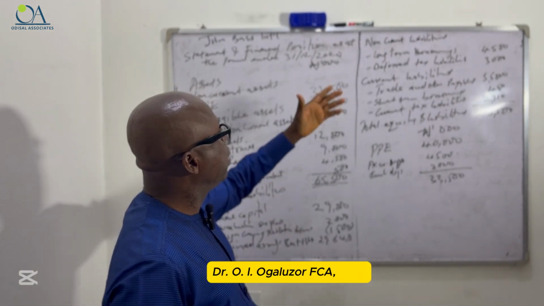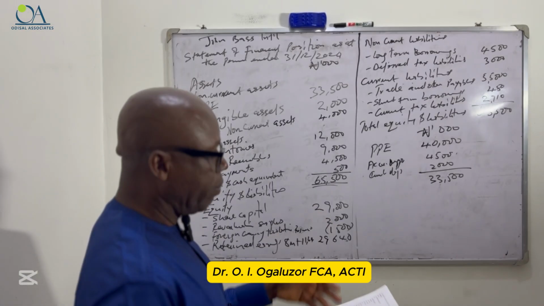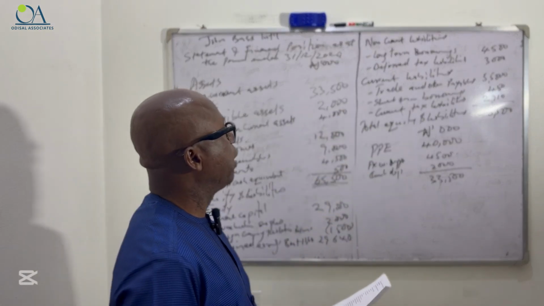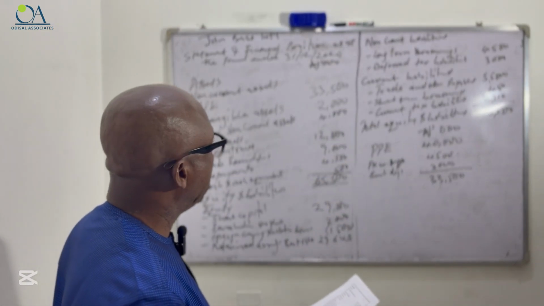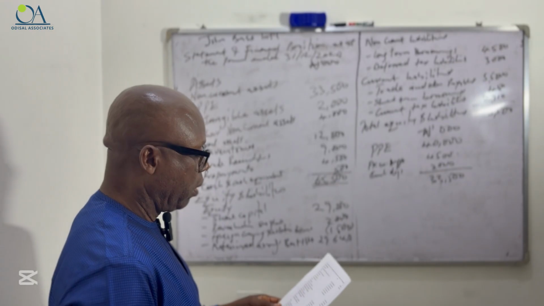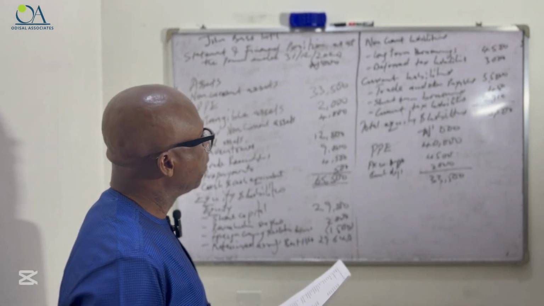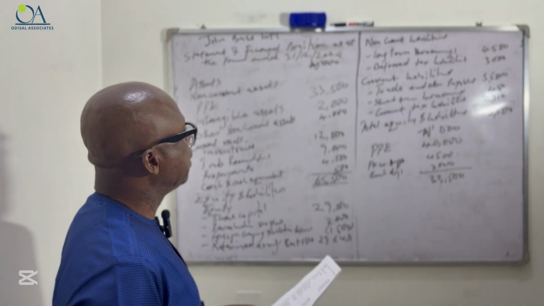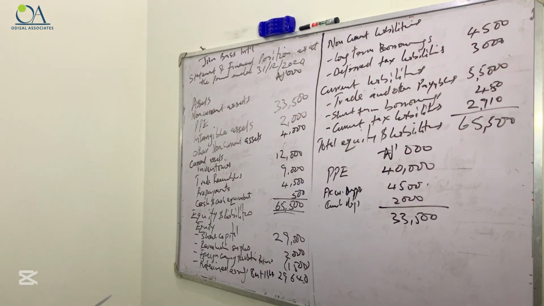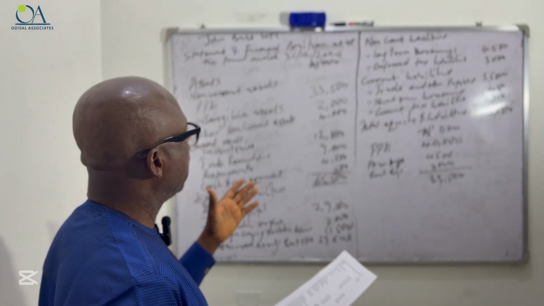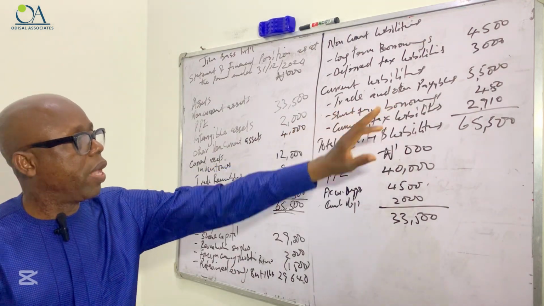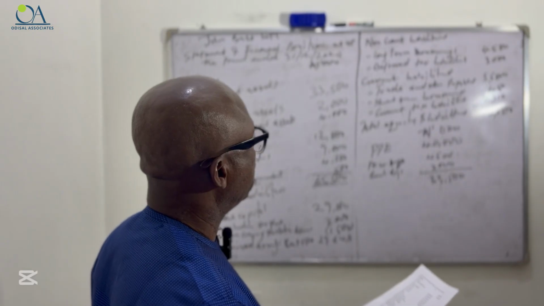That's equity. Then non-current liabilities. We have the long-term borrowings. The long-term borrowing is the 10% loan notes of 4.5 million. And then the deferred tax is the tax that is there, 3 million. Then we have current liabilities, trade and other payables, which is 5.5 million.